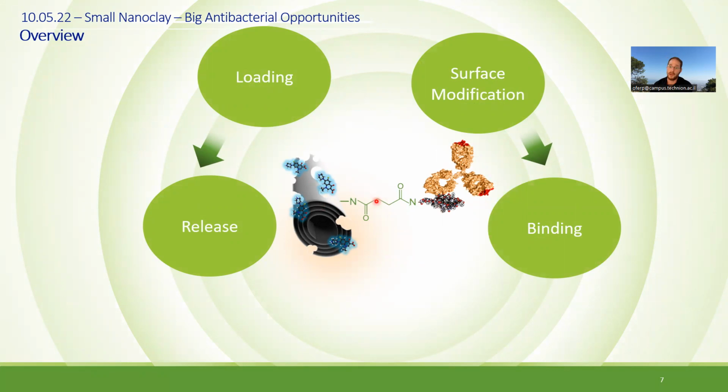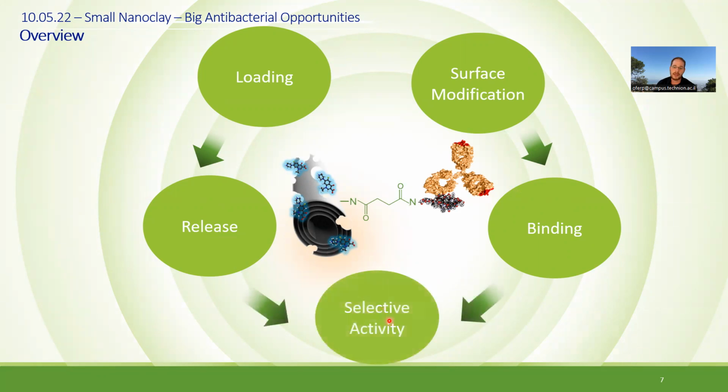Do they actually bind to the target bacteria, which in our case is E. coli, a model bacterium? Then, combining the release of the antibiotics and the binding capabilities, my aim in this talk is to convince you that indeed a selective antibacterial activity was achieved against a specific target bacteria in a heterogeneous culture.